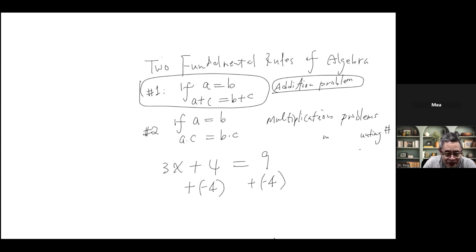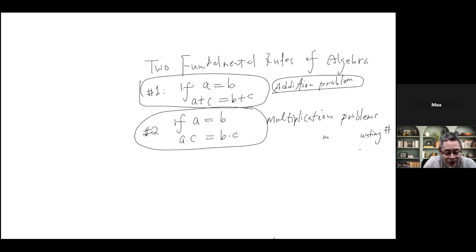Similarly, on this one, in the ancient times, they actually needed two rules. One is multiplication, another one is division. Well, because we're dealing with real numbers, at division, say 4 divided by 5, we can turn that into 4 times 1/5.